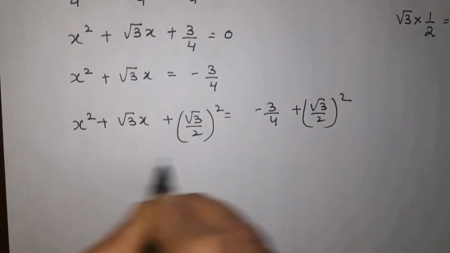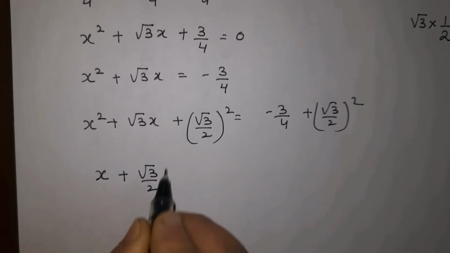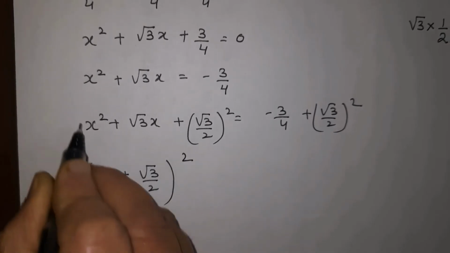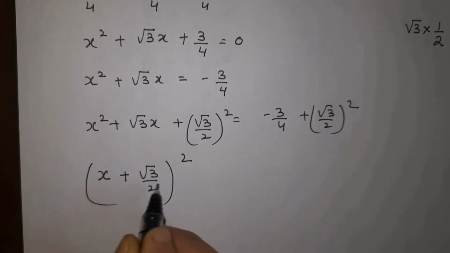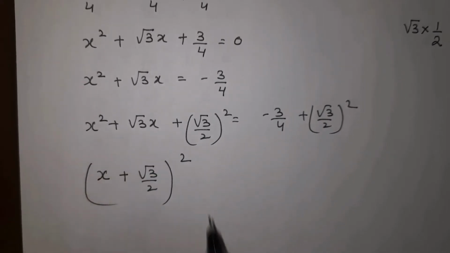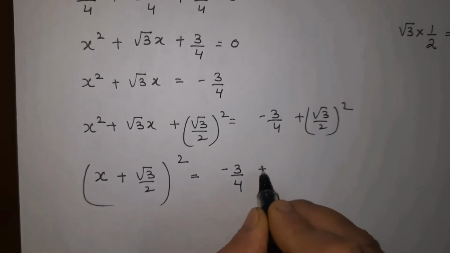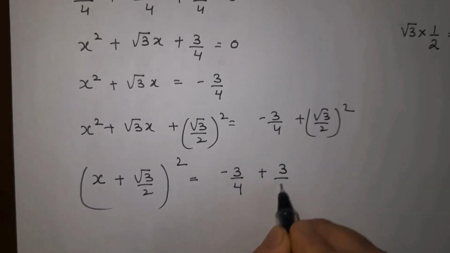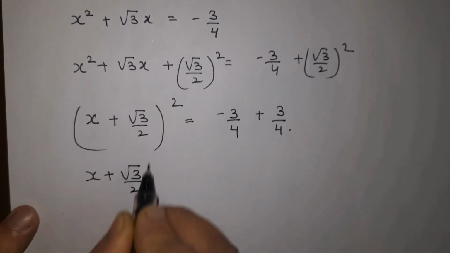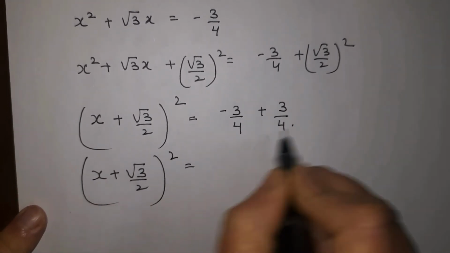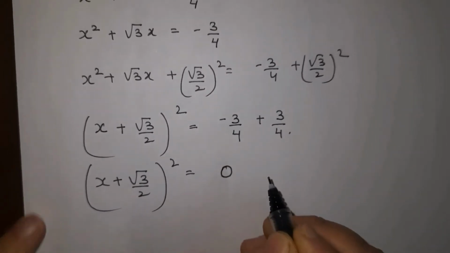Now if we see this part, this is (x plus root 3 by 2) whole square. You can see a square plus b square plus 2 into a into b, so that will be root 3 x. And here we will get minus 3 by 4 plus this will also be 3 by 4. So (x plus root 3 by 2) whole square is equal to, now see, minus 3 by 4 plus 3 by 4, which will be 0.